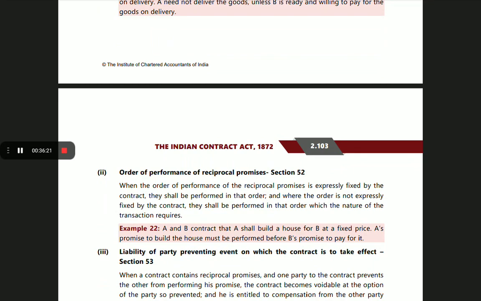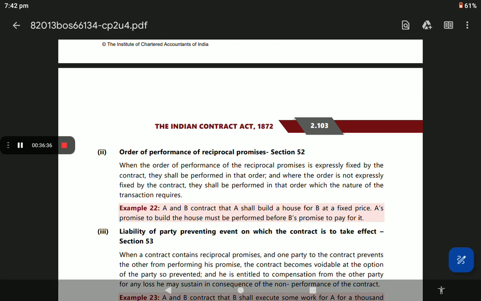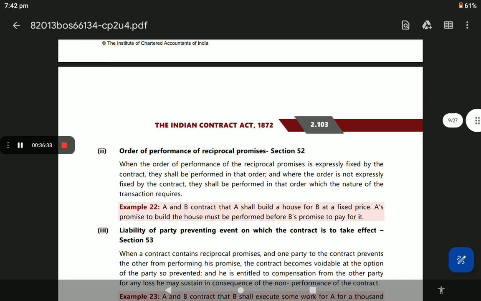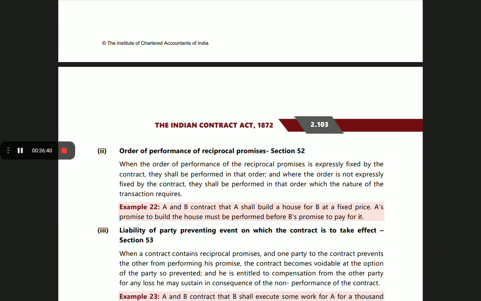Order of performance of reciprocal promises. Section 52.